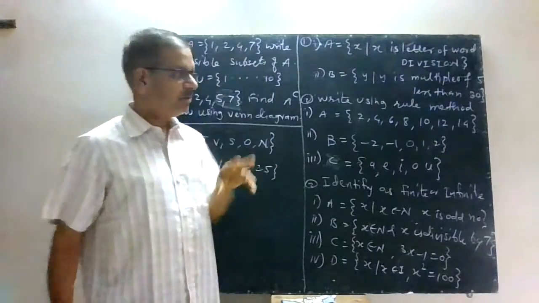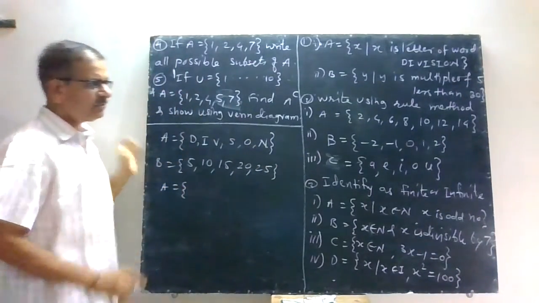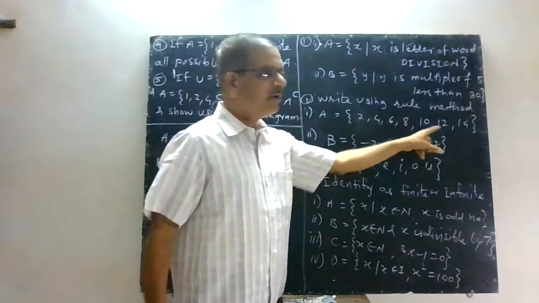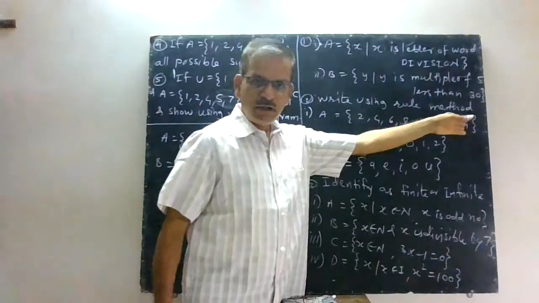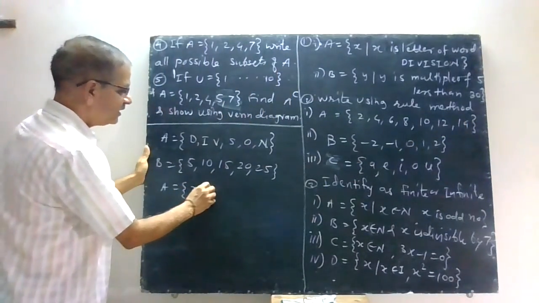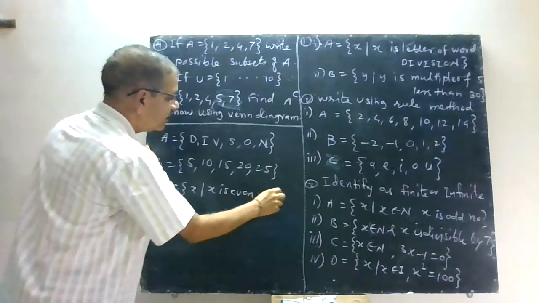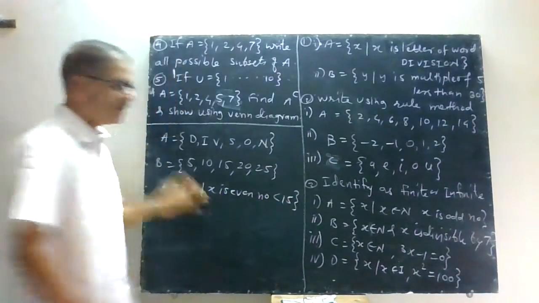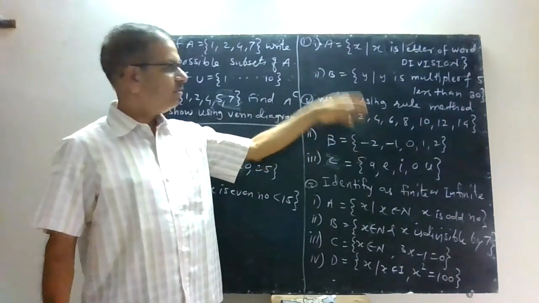We'll see one first. Now A is equal to, see these numbers, these are even numbers less than 15 or less than 16 you can call. So X such that X is an even number less than 15, you can write like this. So definitely it starts with 2 and then 4, 6, 8.